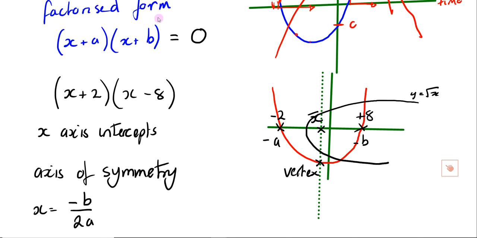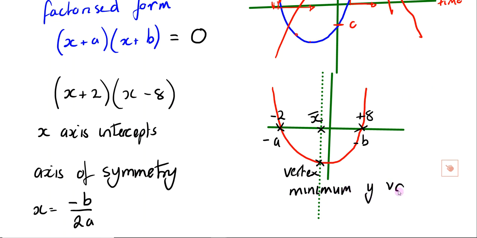This is just a basic math question. The vertex is the middle point. The vertex is also known as either the minimum or the maximum. So in this case, the vertex is the minimum y value, which is the lower limit of the what?